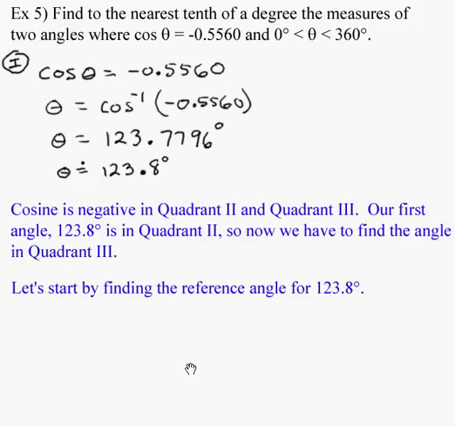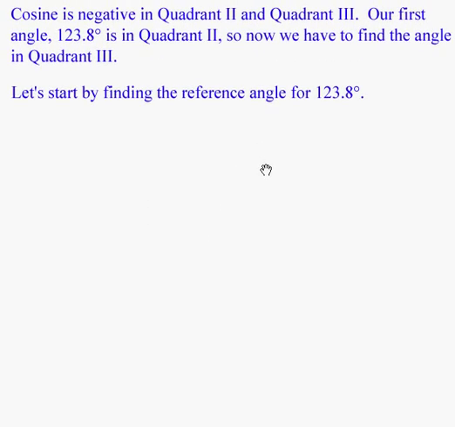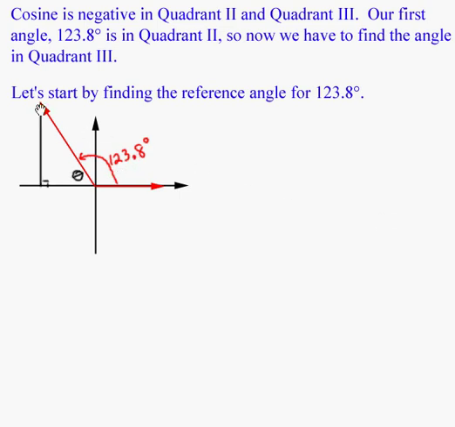Well, here's the trick. Let's find the reference angle for 123.8 decimal degrees. So start with our x and y axis. Start with our initial side on the positive x-axis. Rotate counterclockwise to our terminal side. There's my 123.8 decimal degree angle. Make a perpendicular to the x-axis.